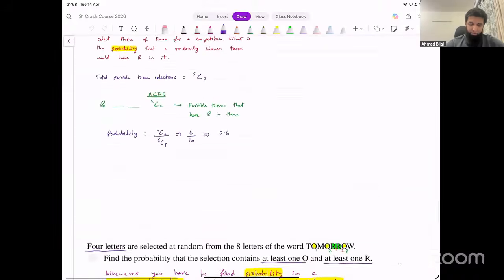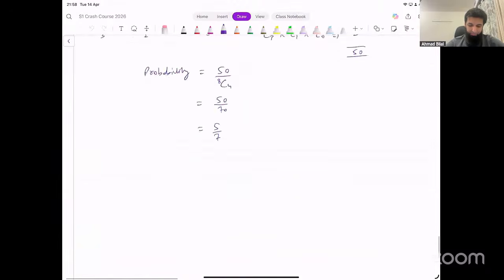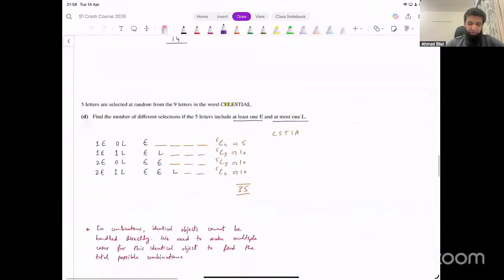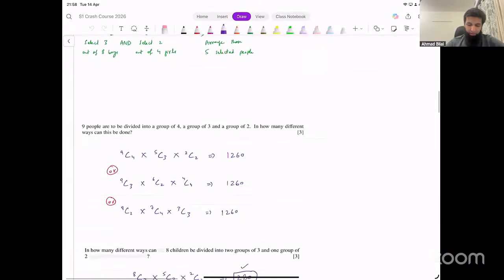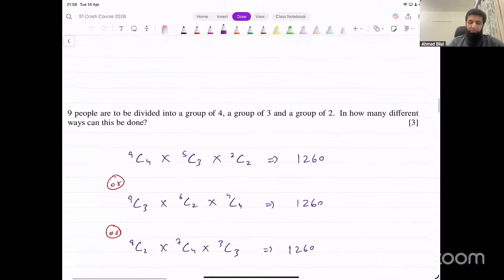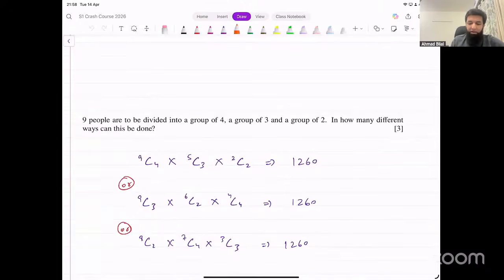When we do combinations, we talk about this, when we're making groups of people. So for example, if we have 9 people who need to be divided into a group of 4, a group of 3, a group of 2, how would we do that? We would say out of 9, let's make a group of 4 first, 9C4.